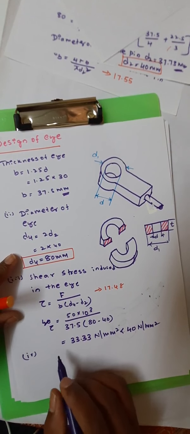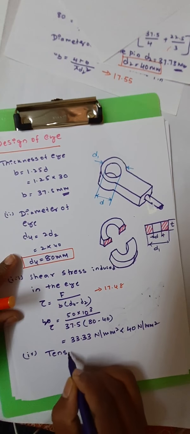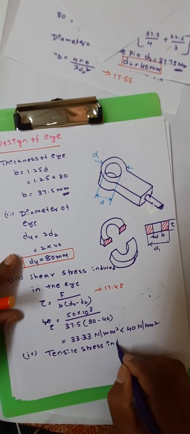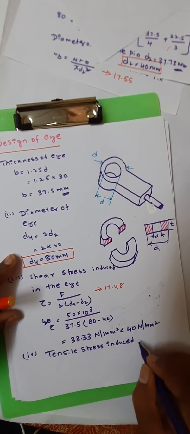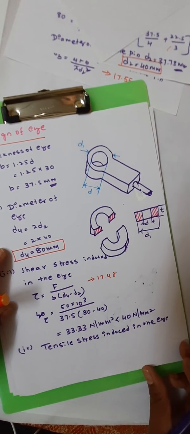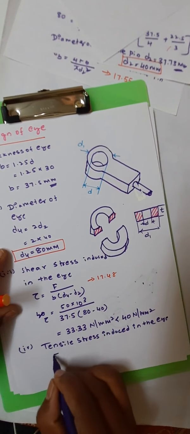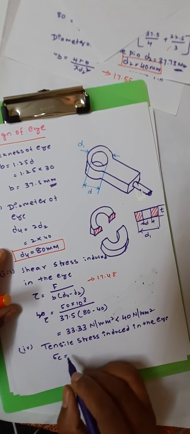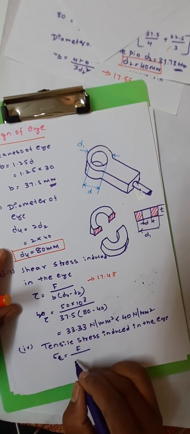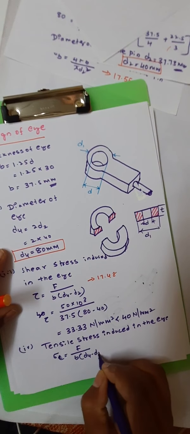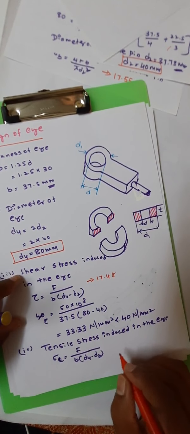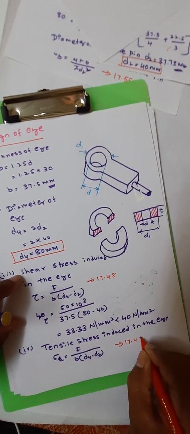Okay, next, the tensile stress induced in the I, that is sigma T is equal to F divided by B into (d4 minus d2). This is the equation available in the design data handbook, equation number 17.47.